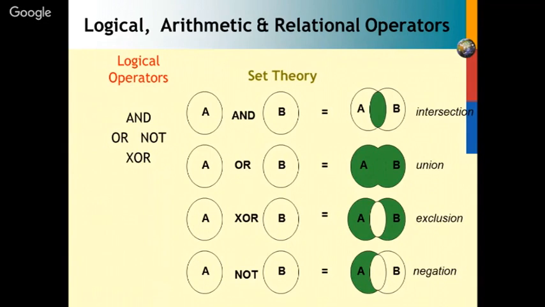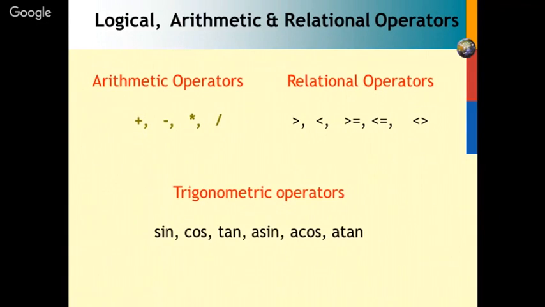We can also use the exclusive XOR operation and NOT. So these are set theory based operations which are possible in the spatial domain. There are also arithmetic and relational operators, as well as trigonometric functions. These are required for modeling purposes, like if somebody wants to do hydrological modeling or find out how water flow is affected by soil types and the corresponding coefficients associated with them.